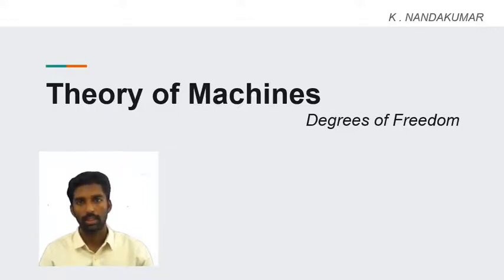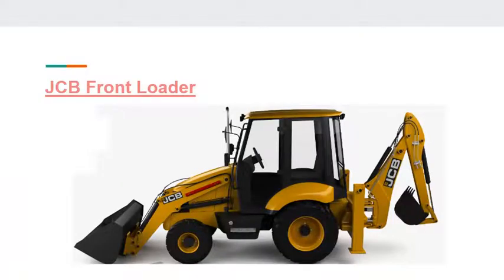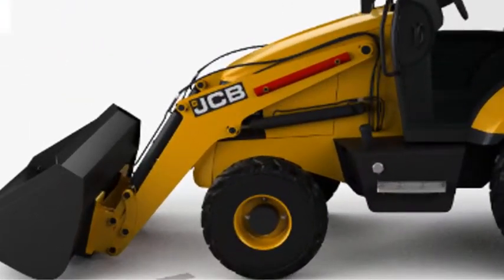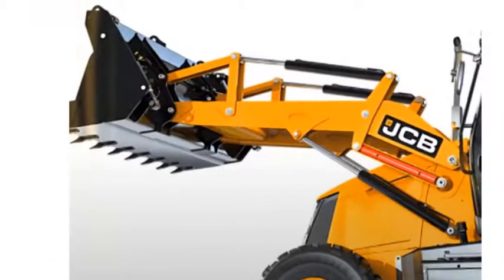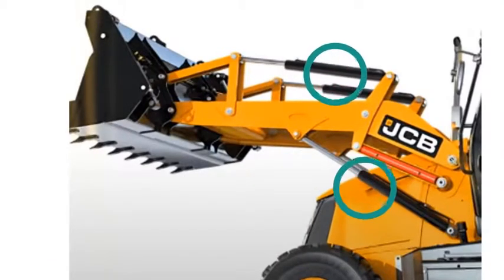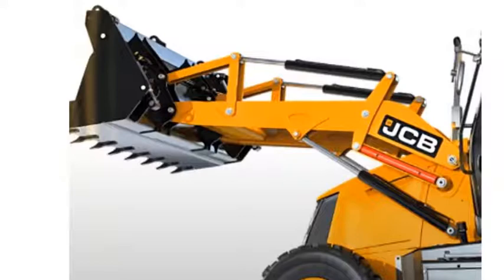Before that, let us see how a few mechanisms that we are going to see in this video are actuated. At first, the front loader of a famous earth mover, the JCB. The front loader is equipped with two cylinders to control the entire movement of the mechanism.